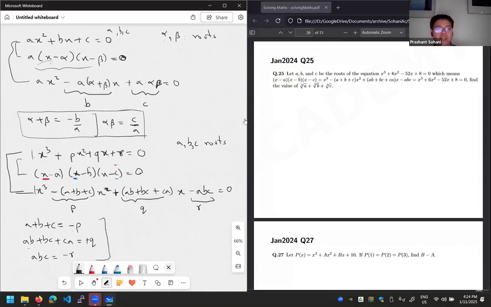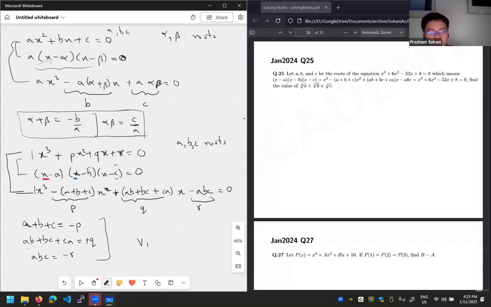And once more, we have not actually found the values of a, b, c. Without even finding the values, I'm able to say how much is the sum of the roots and the product of the roots, for example. And this pattern continues beyond the cubic equation also, for 4th degree, 5th degree.